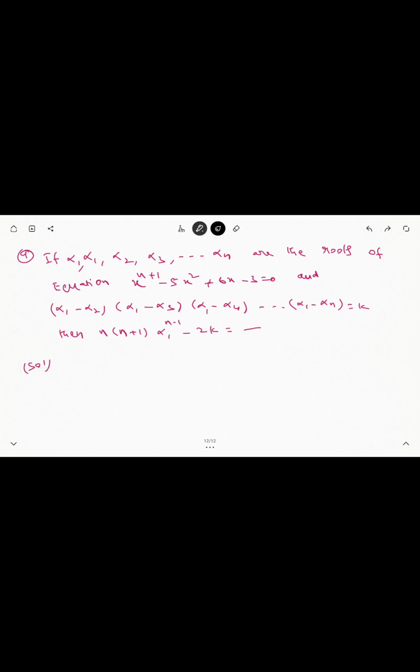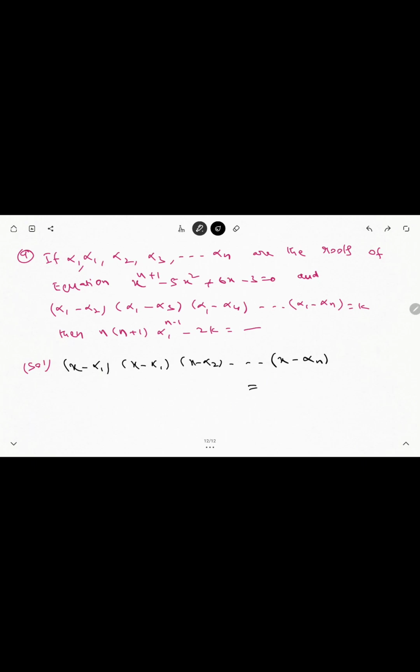Okay, so how to start? It is n plus 1th degree equation, therefore how to write it? X minus alpha 1 into x minus alpha 1, because alpha 1 is repeated root, so 2 times I can write, x minus alpha 2, so on up to x minus alpha n is equal to given equation, correct or not?